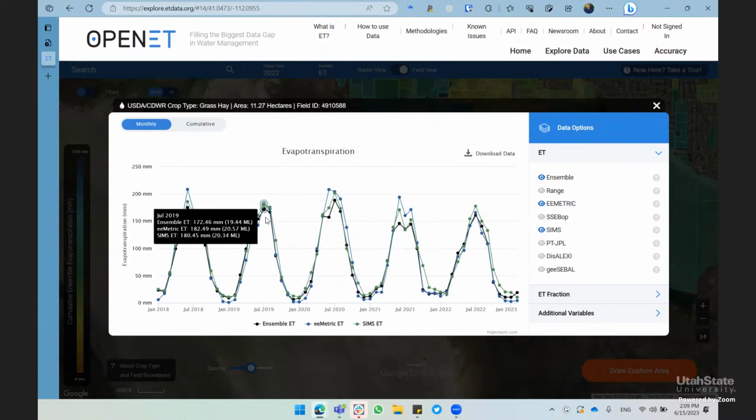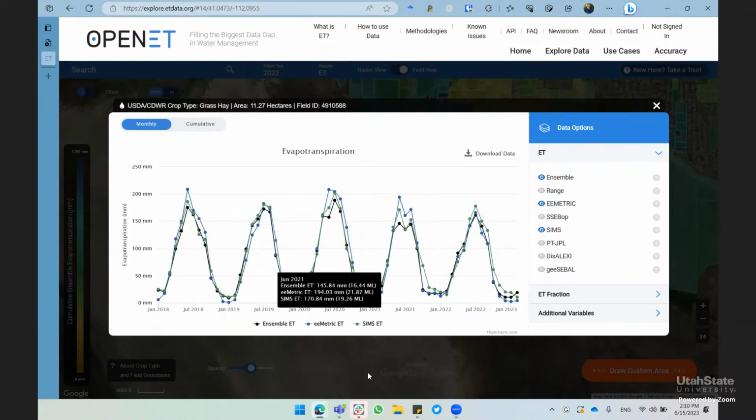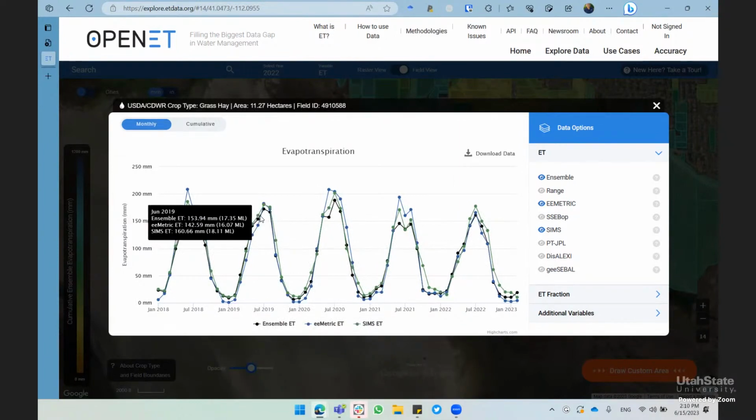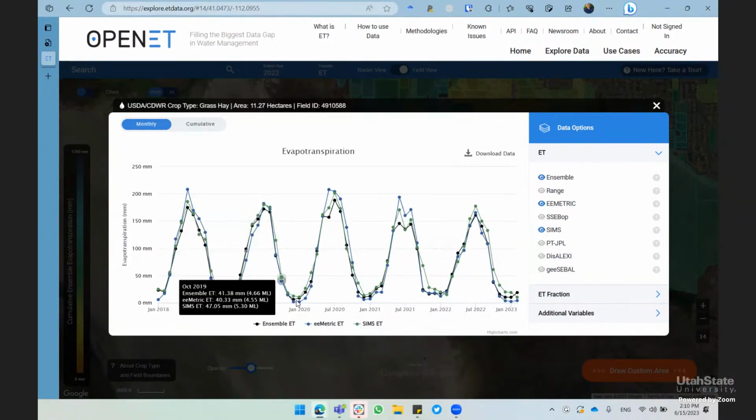What makes it different? Remember, every model is an approximation of reality, right? How they formulate equations to calculate net radiation, to calculate ground heat flux. In every model there are assumptions.